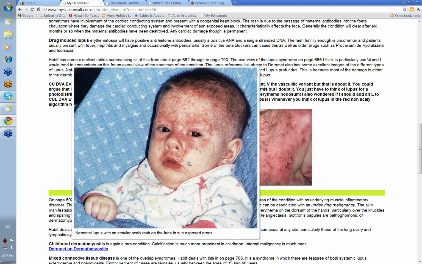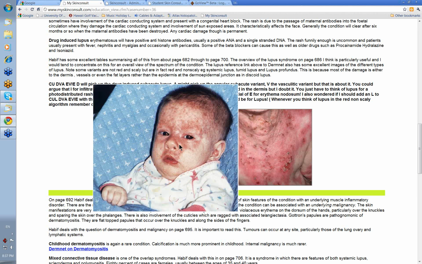Remember I said in subacute lupus that these antibodies can sometimes damage the conducting system of the heart, and sometimes these babies are born with congenital heart block. But in the first couple of months or so they can get this rash as well in sun-exposed areas, and then it just all peters away and settles down. But it's one to think about in a child.